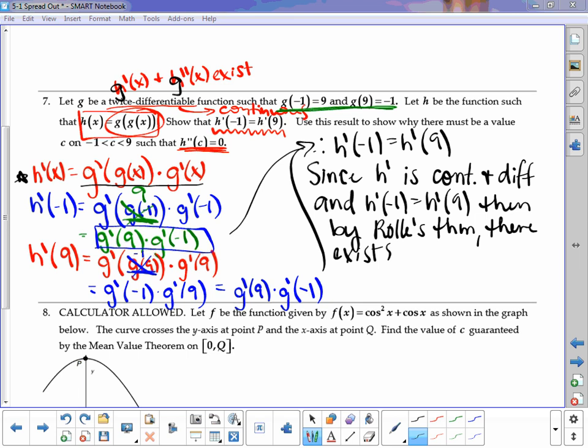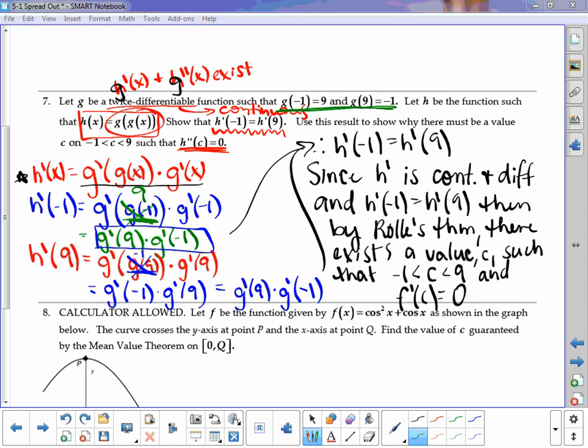C. There exists a value C such that C falls within our interval from -1 to 9, and our derivative at C is going to specifically be 0.